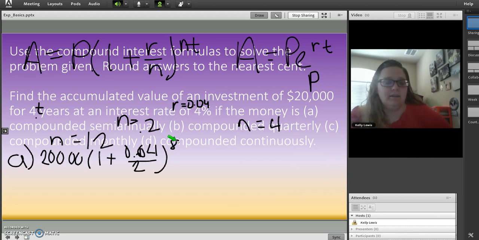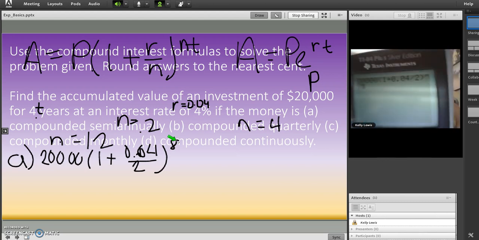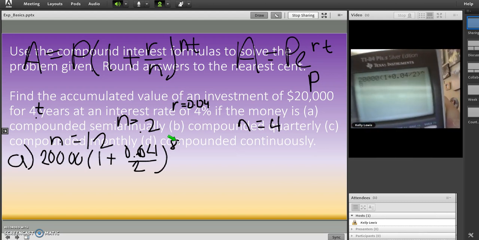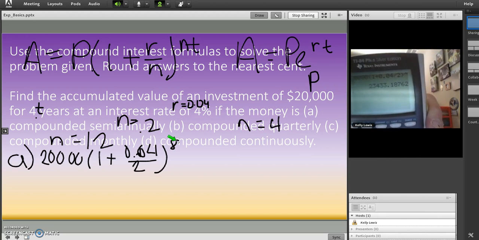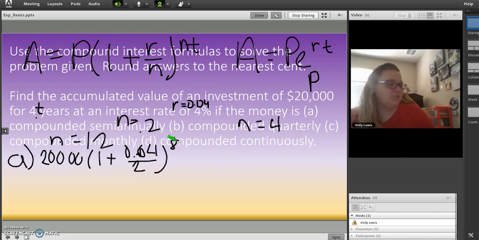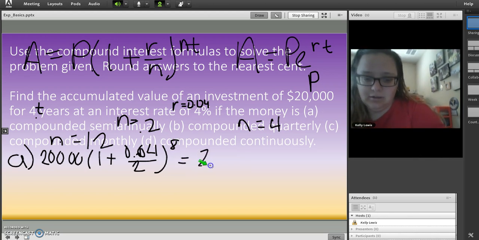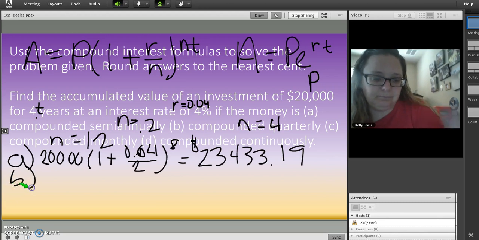I'm literally typing my calculator like that: 1 plus 0.04 divided by 2, raised to 8. So after 4 years, you'll have about $23,000. You'll make about 3 grand. Okay, let's do B.